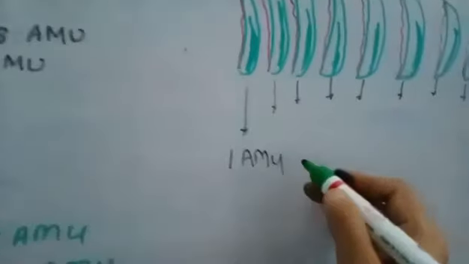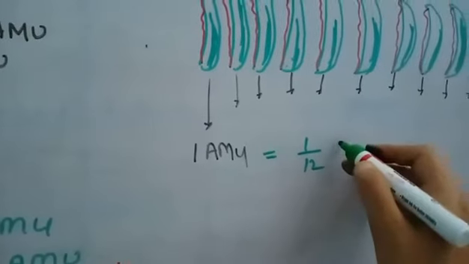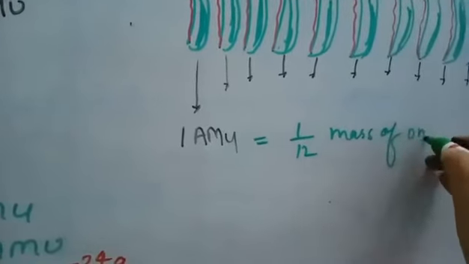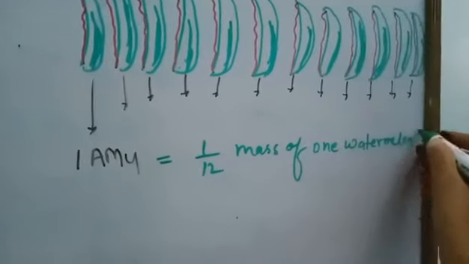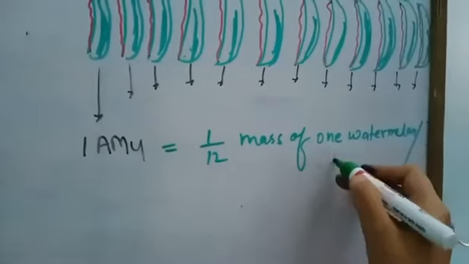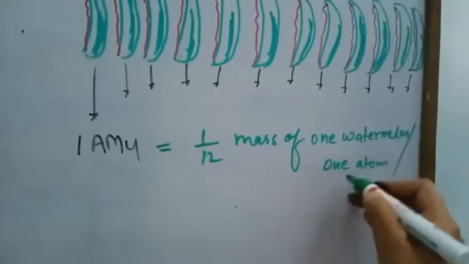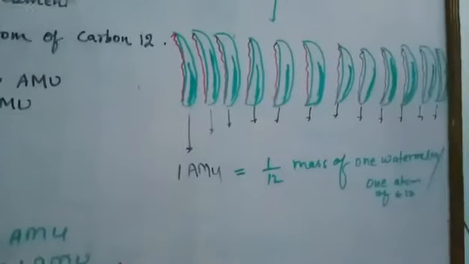So we can say that 1 AMU is equal to 1/12 the mass of one watermelon, where the watermelon is one atom of carbon 12 that we have taken.